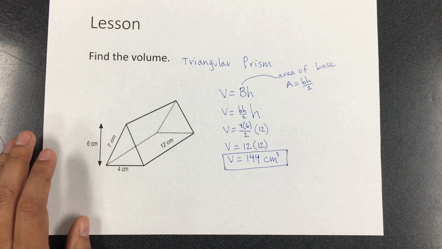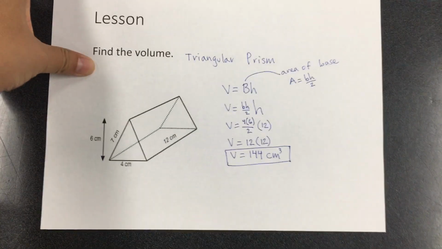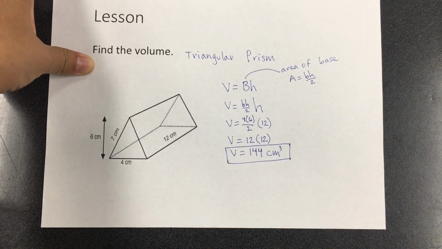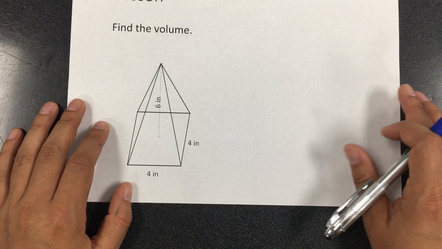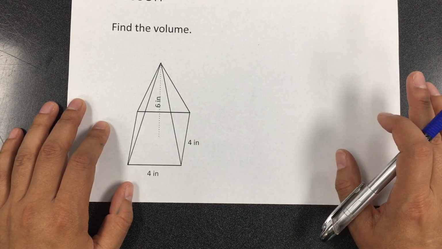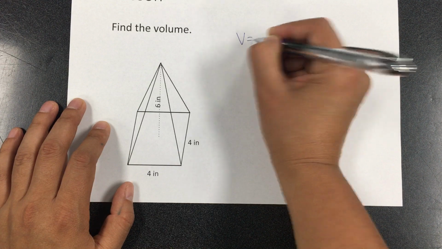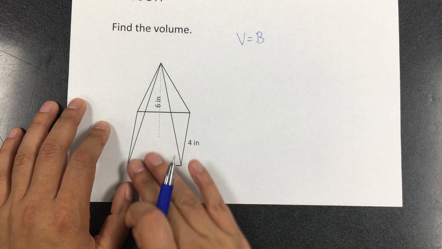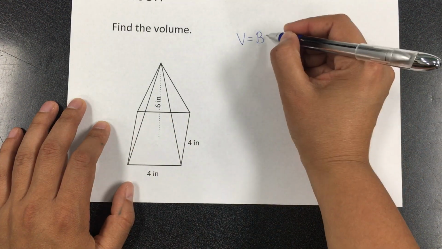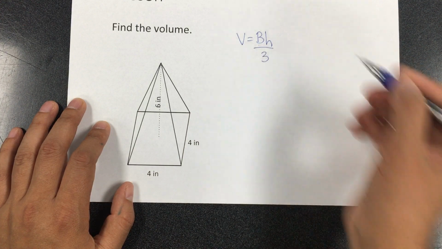On a separate video, you're going to see a demonstration of pyramids and cones and why they are divided by 3. The volume of a cone and a pyramid is always divided by 3. So volume is equal to the base, again, because it's capital, it's going to be the area of the base, times the height, but you have to divide by 3.